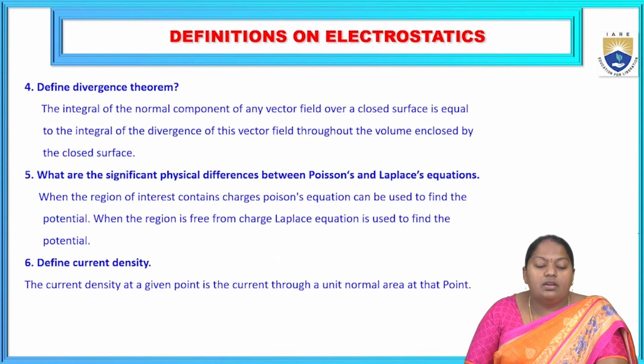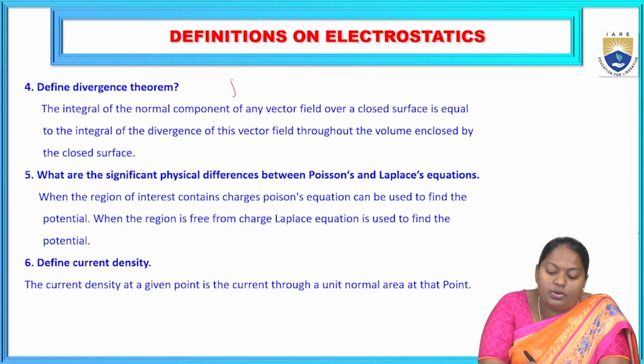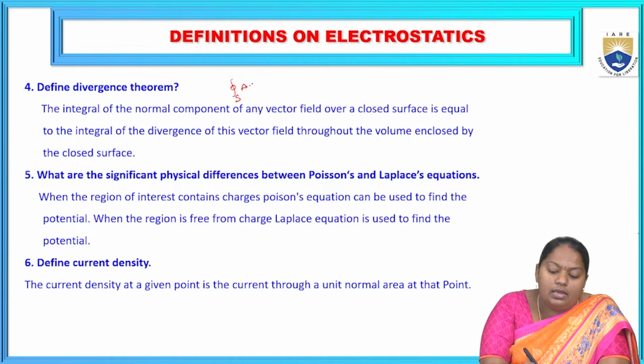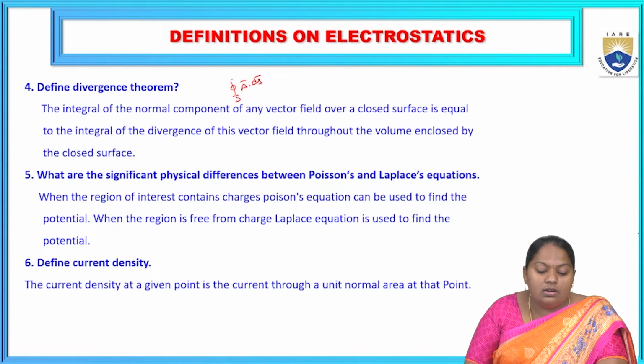Then, next, define the divergence theorem: what it actually is and how it is applicable to electrostatics. The divergence theorem says that the integral of the normal component of any vector field over a closed surface, that is the integral of A dot dS, where A is the vector and the differential surface area is represented with dS, is equal to the integral of the divergence of this vector field throughout the volume enclosed by that closed surface.